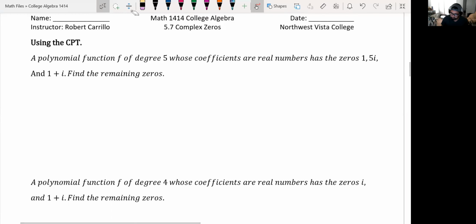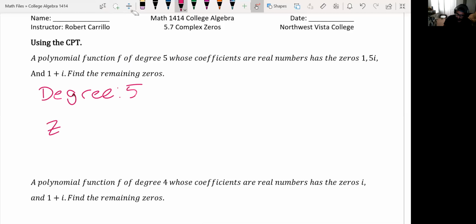Okay. So if we have a degree of 5, this means we should have 5 zeros. So with that being said, degree is 5, and zeros given are 1. That's not complex, that's a real number, so it won't have a conjugate pair.